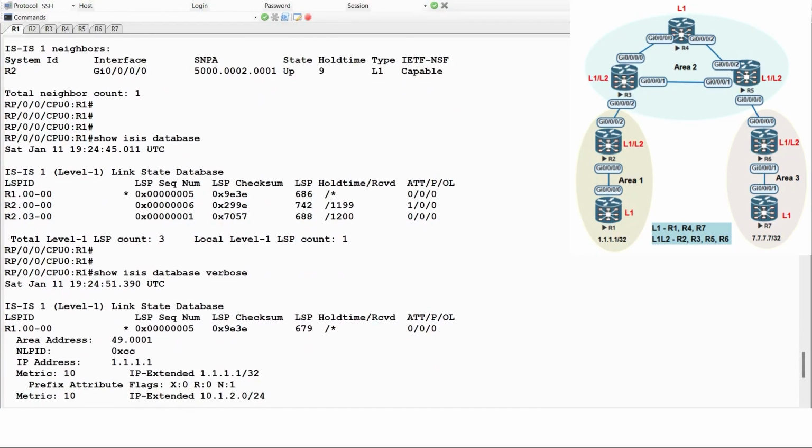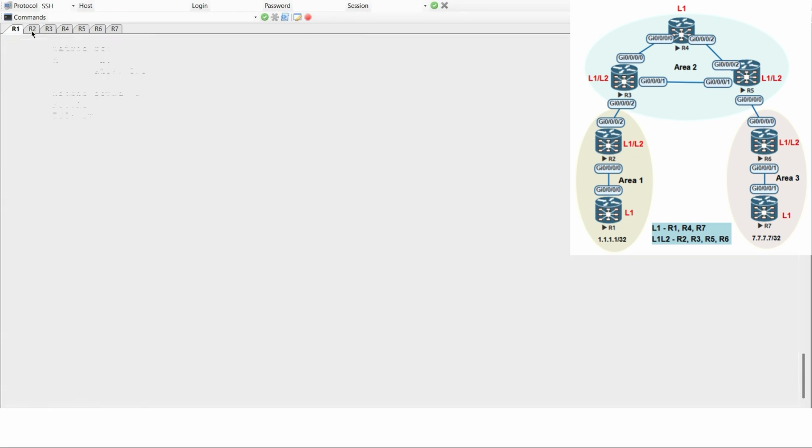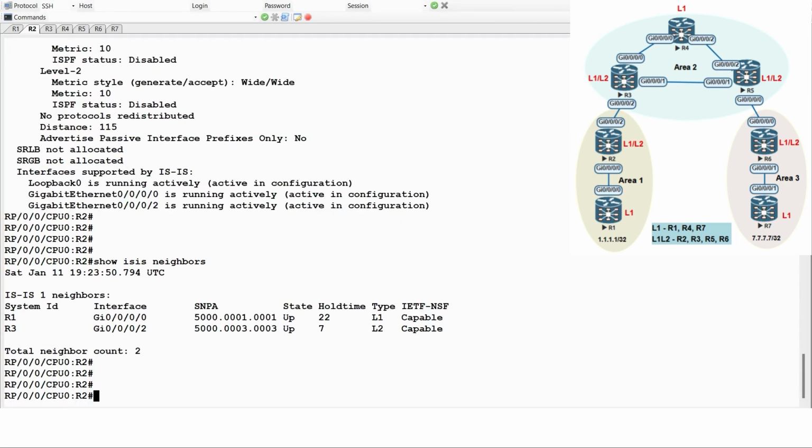As you can see, the L1 LSP advertised by router R2 has its attached bit set. Now let's go to other routers and verify its link state database information.